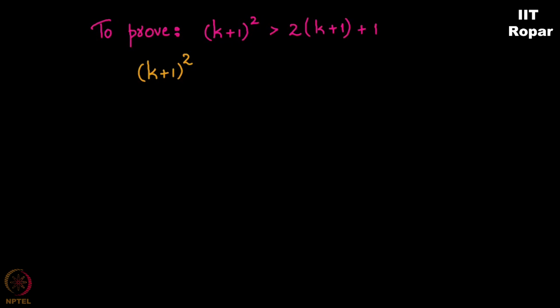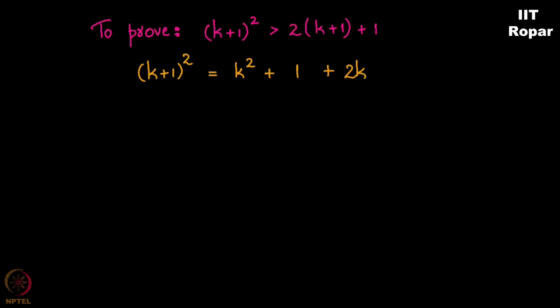So, let me take k plus 1 the whole square. Using the identity a plus b the whole square, it goes like this: k square plus 2k plus 1, right? Or I can also just rearrange them and write it as k square plus 1 plus 2k.